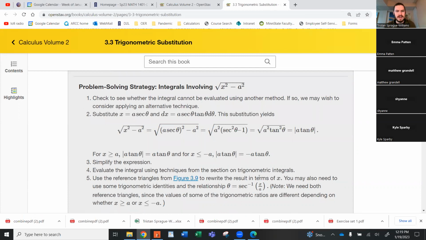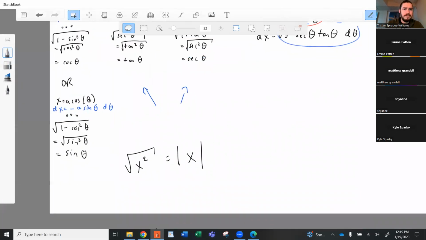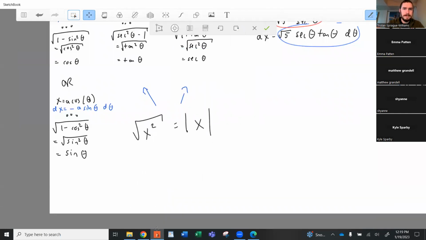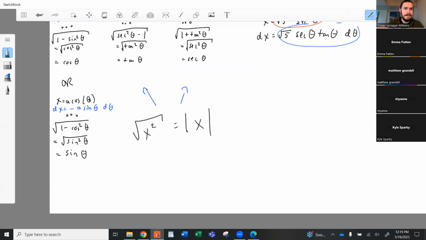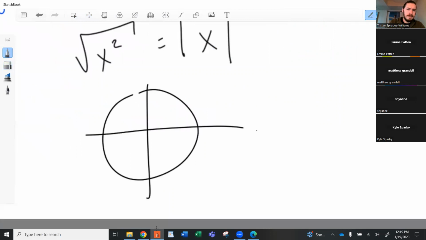is sort of like, here, I'll draw a picture of it. Let's get that out of the way here. With secant theta, it's the same as with cosine theta.